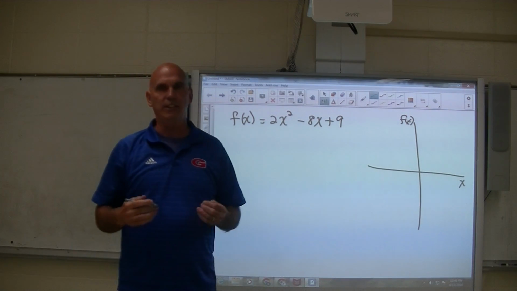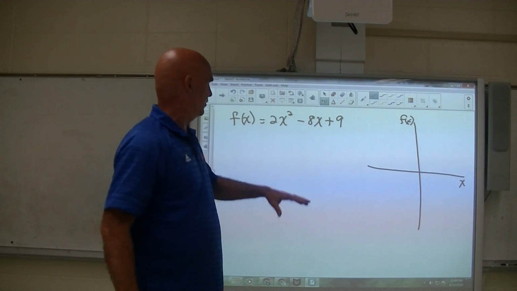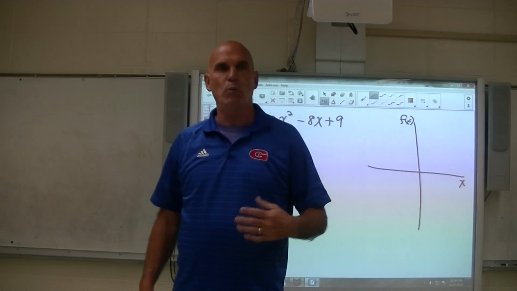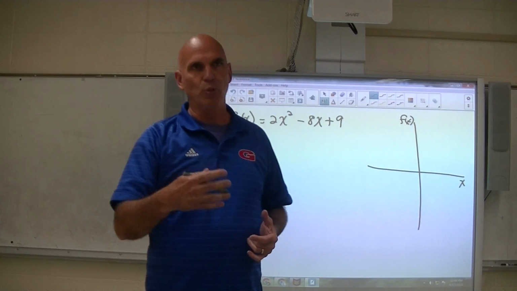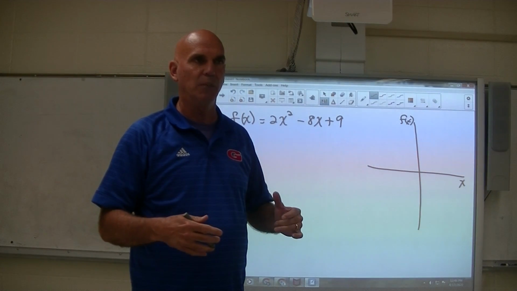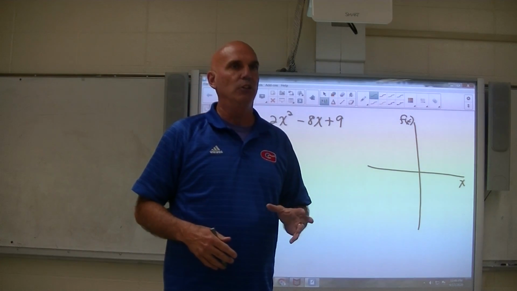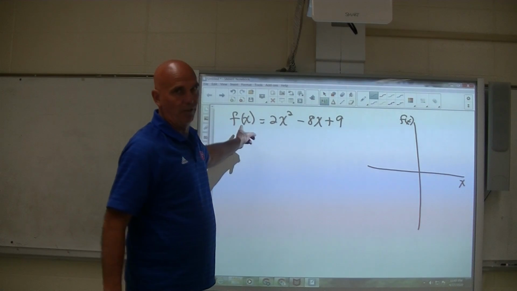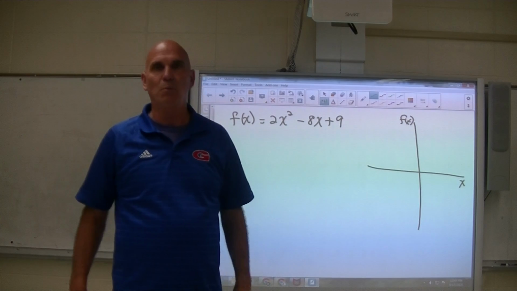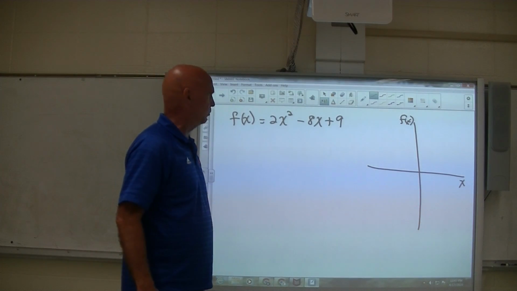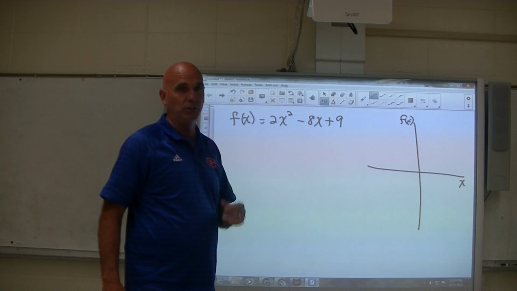Function notation is just an easy way to ask, for instance, if I had this function and I wanted to say, what is y equal to when x is equal to 14? Well, that means you put in a 14 and you work it out and see what y comes out to be. An easier notation is to just say, what's f of 14? If I just said f of 14, that means you put in the 14 in place of x and figure out what it's equal to. So again, that's called function notation.